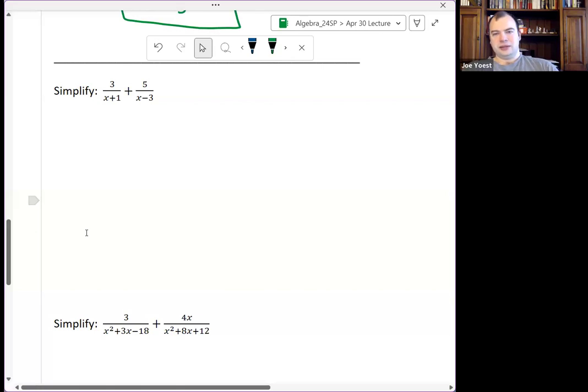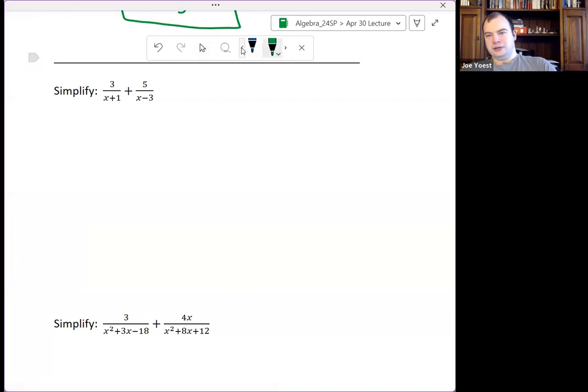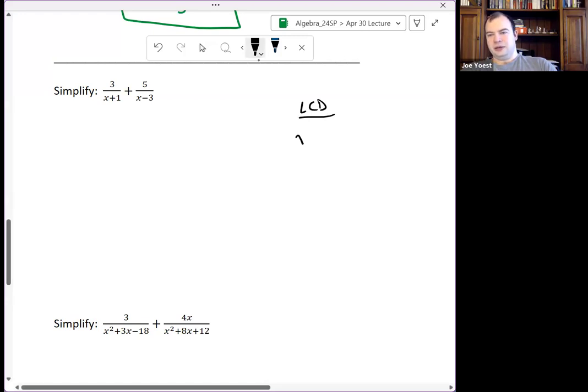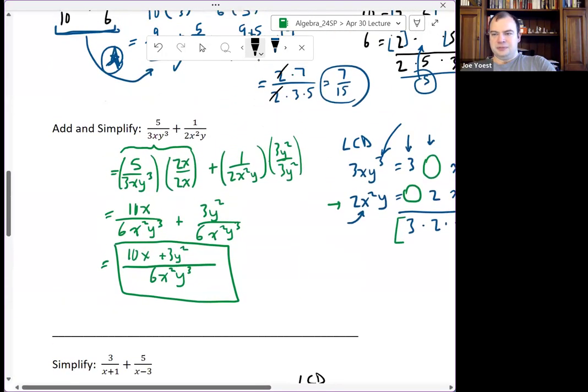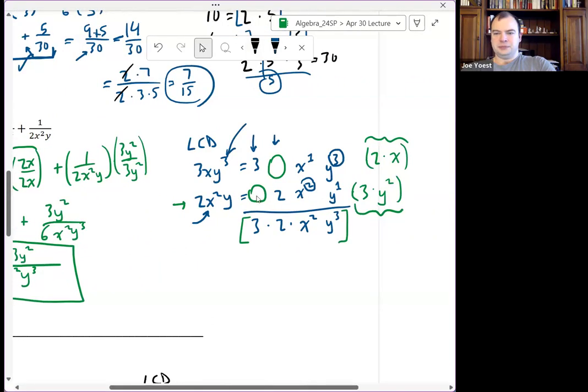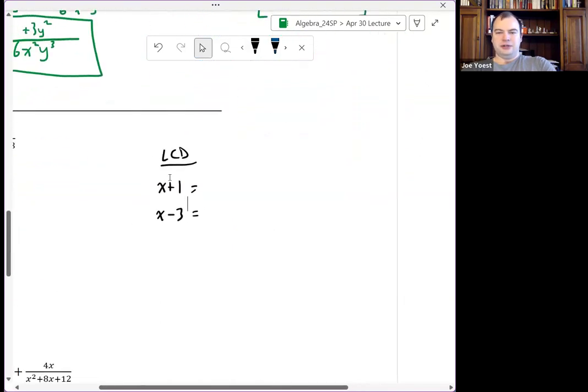So when I think about coming over here and finding, say, an LCD, if I have x plus 1 and x minus 3 as my denominators, when I say find a factorization, like I did over here for, say, 3xy cubed, which was 3x to the first, y to the third, what is my factorization here?